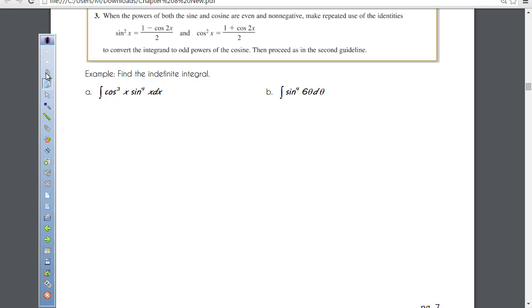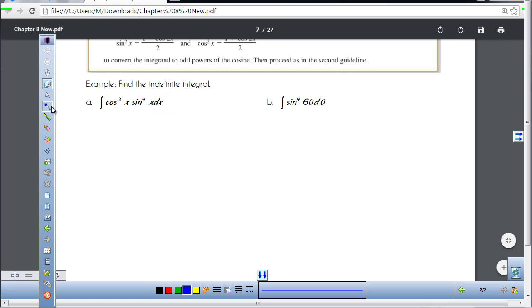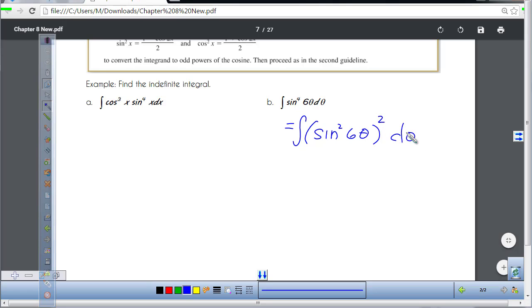This is the third rule on your paper there. So what I'm going to do is first of all write this as the integral of sine squared 6 theta, I'm going to square that, d theta.